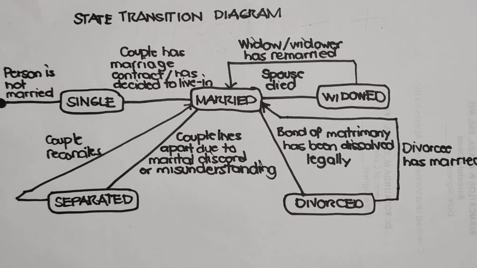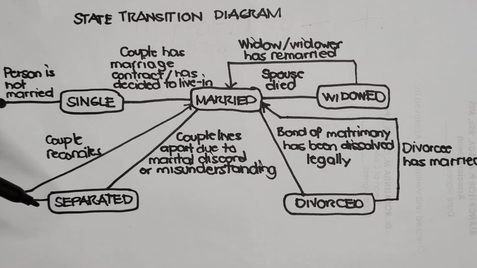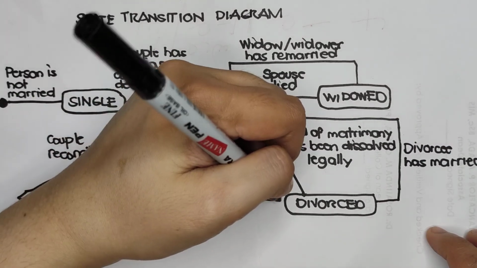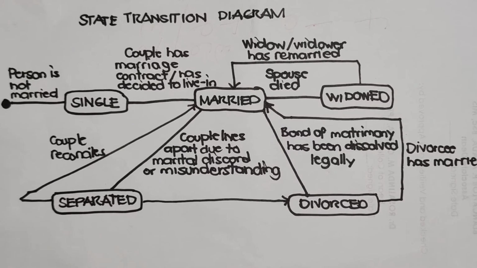Then how about a married couple who is legally separated and did not reconcile? They can go to divorced. There is a case, for example, where you're married and then you go through a trial or legal separation, and if you really cannot reconcile, then you decide to be divorced.